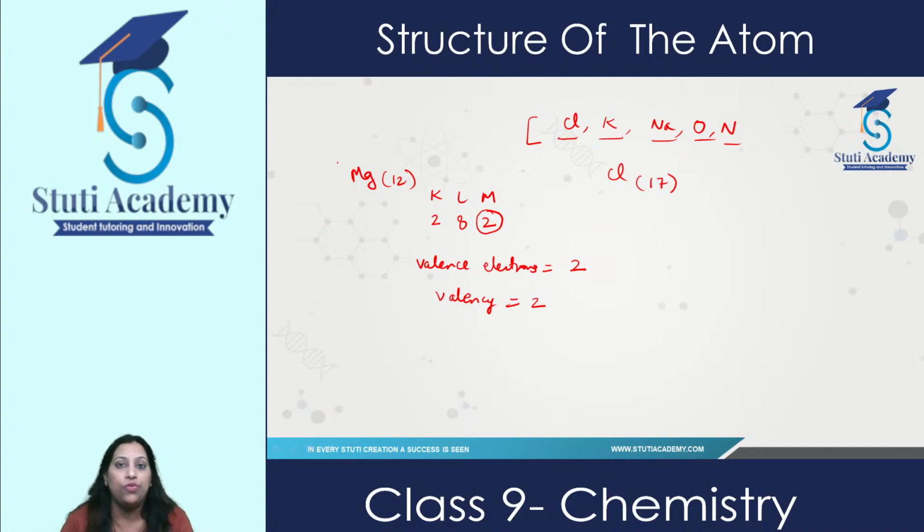Otherwise, you'll not be able to write their electronic configuration. Now, its electronic configuration is 2, 8, 7. Okay. Now, let's see the valence electrons and valency here.